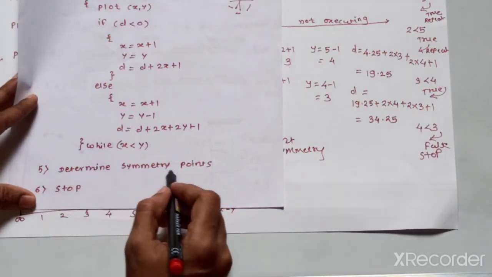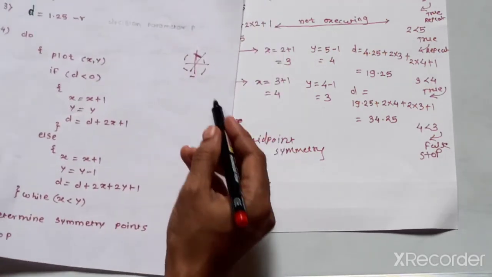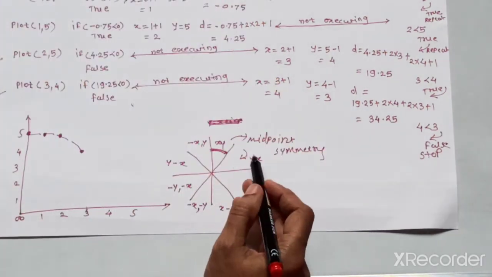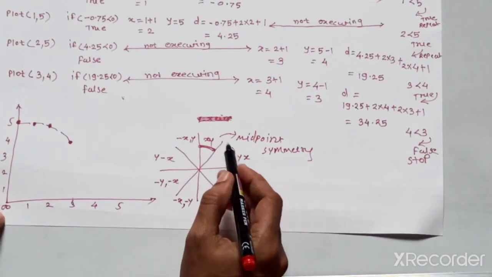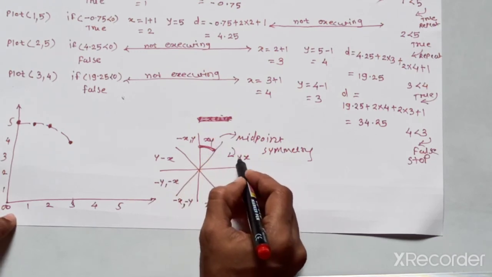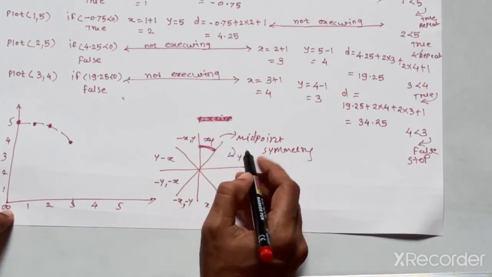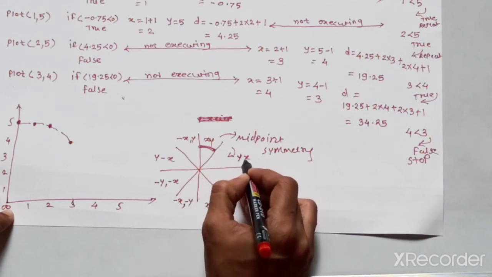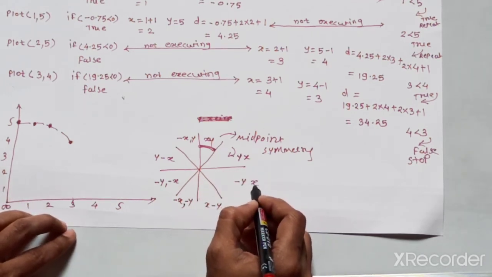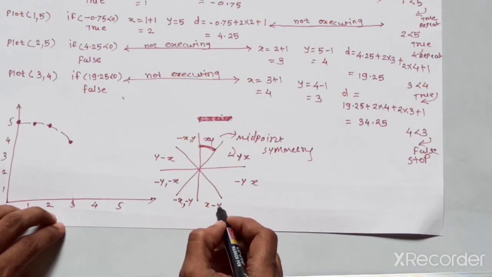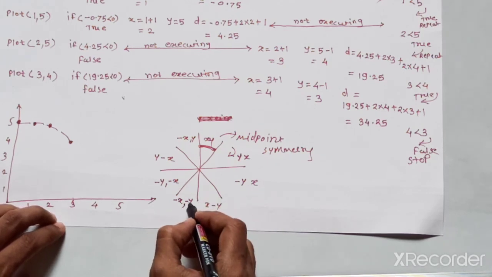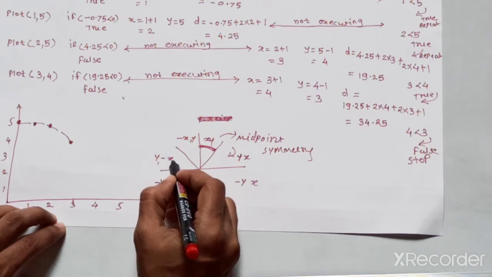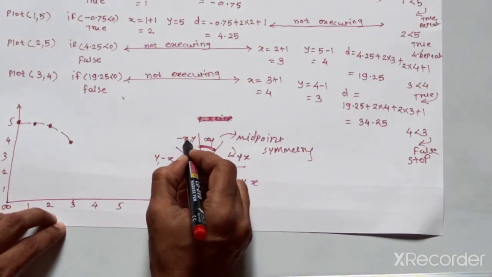Here is the determine symmetry points. Means for the remaining parts, we have to go for these symmetry points. So for the x, y in this octant, there will be the value of x y similar to that of y x. Here it will be minus y x. Here it will be x minus y. Here minus x minus y. Minus y minus x. Here is the y minus x and here minus x y.